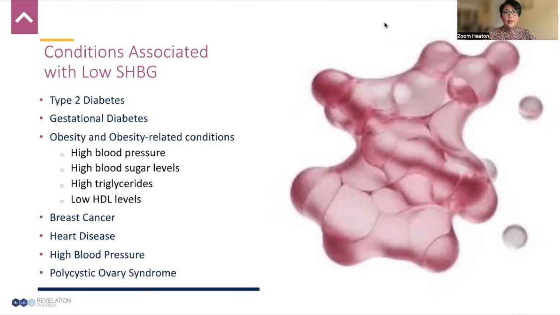A meta-analysis of 9 studies found a link between low SHBG levels and increased risk of developing breast cancer, heart disease, high blood pressure, and polycystic ovary syndrome.